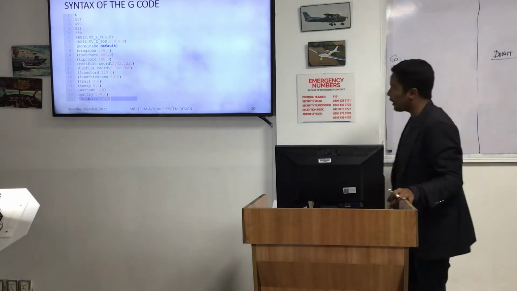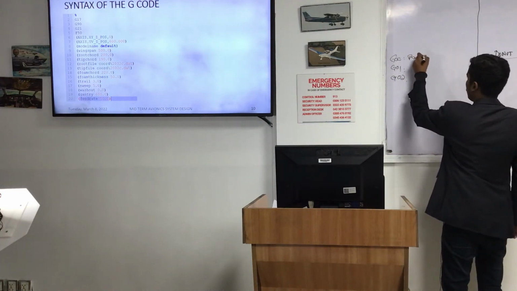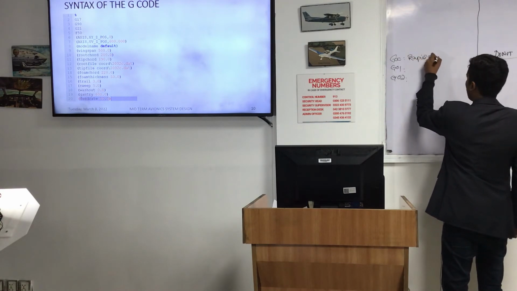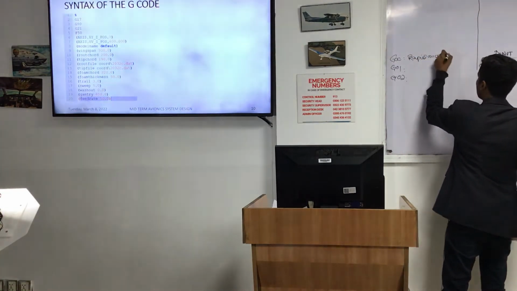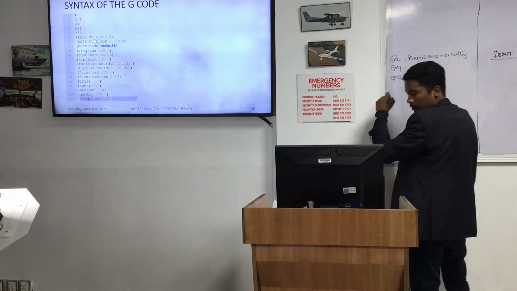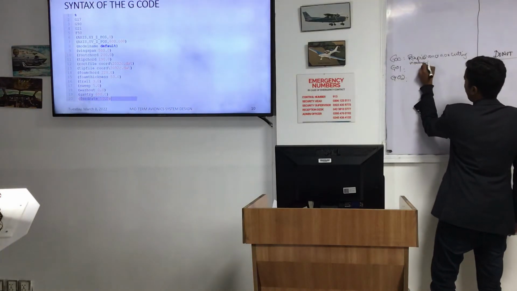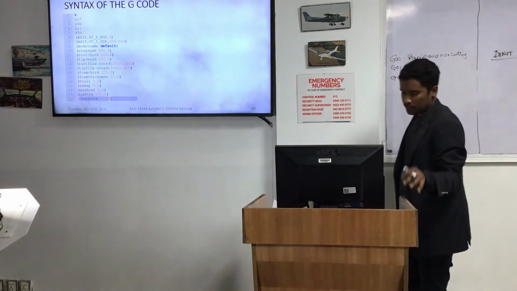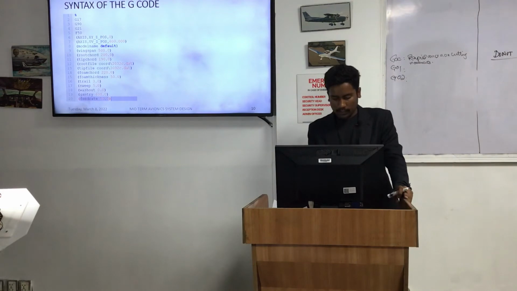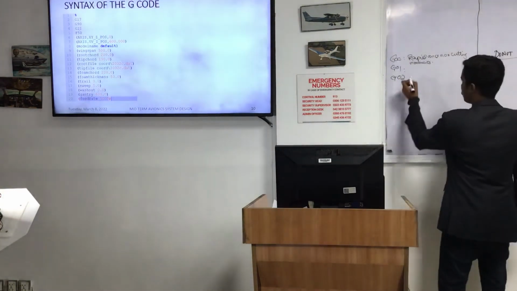G00 is used for rapid and non-cutting movements, and then G01 is used for linear movements at a programmed feed speed.